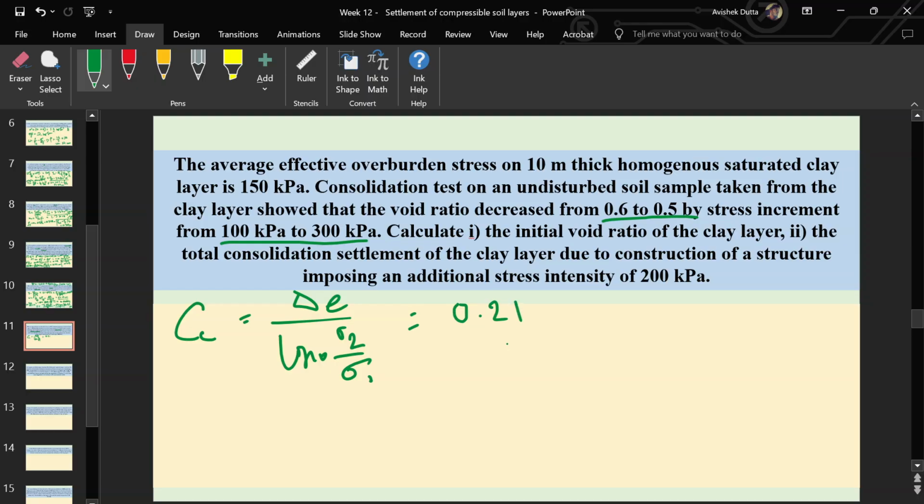Okay, 0.21. Now, in the initial stage, when e equals e0, at that time the sigma 0 was how much? 150 kilopascal, isn't it?